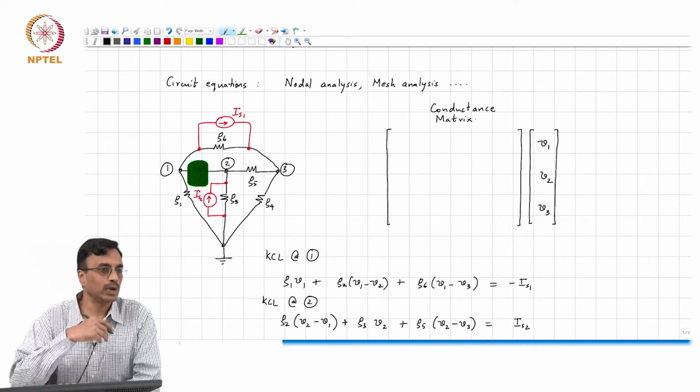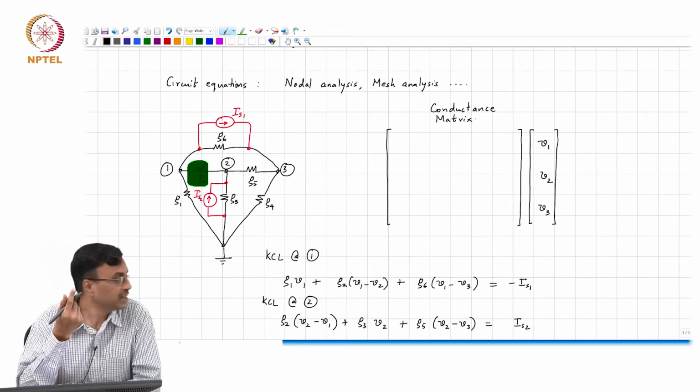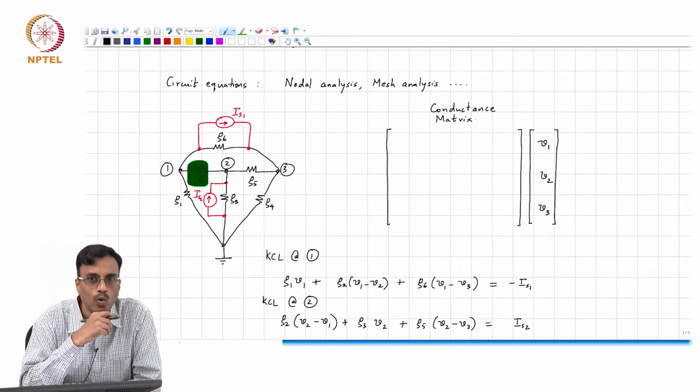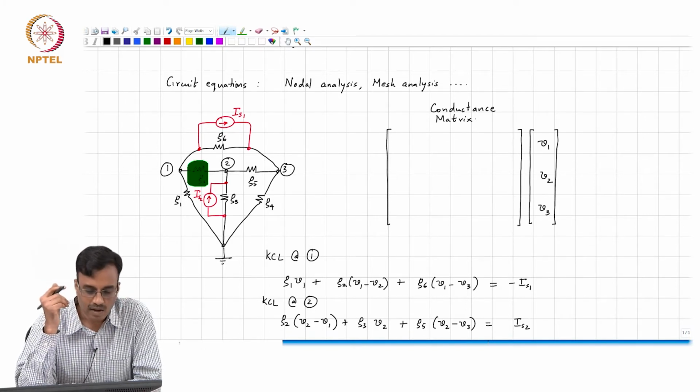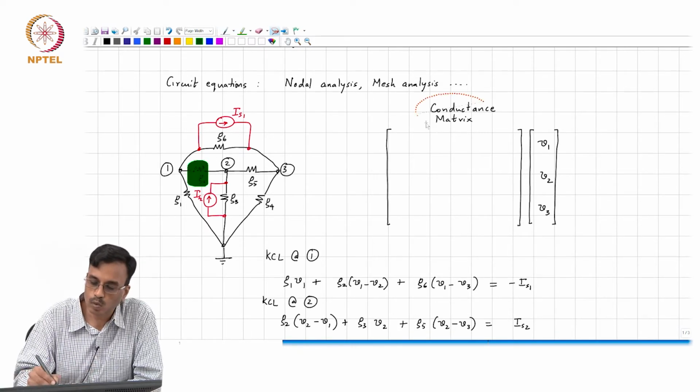As far as G2 is concerned, for instance, which rows will G2 appear in? Well, G2 goes between nodes 1 and 2, so it must appear in the first 2 rows, right. And G2 relates which two node voltages?